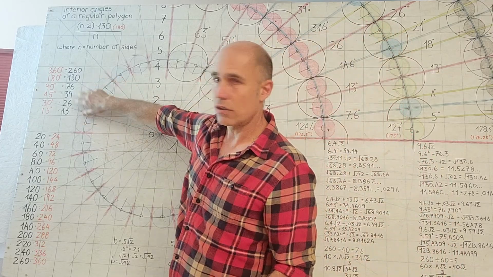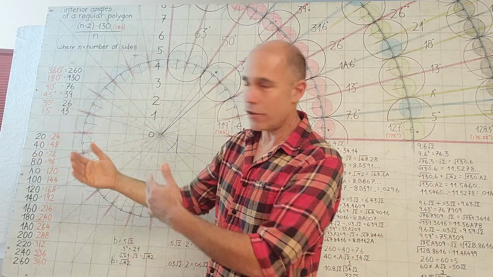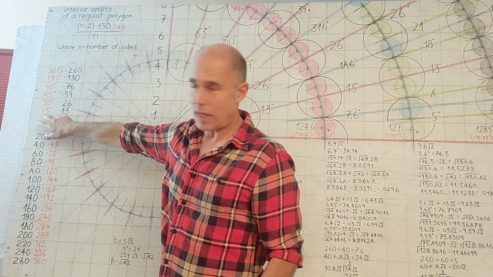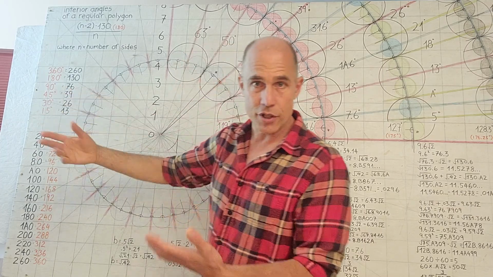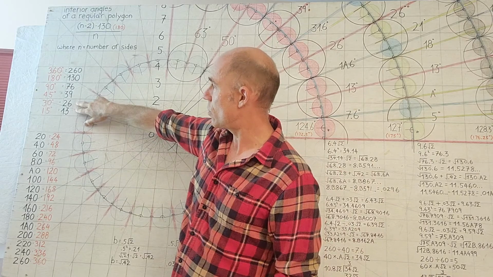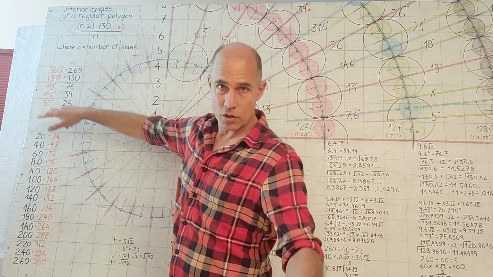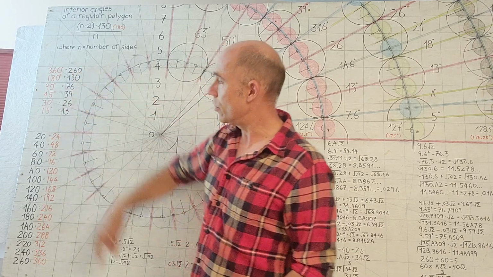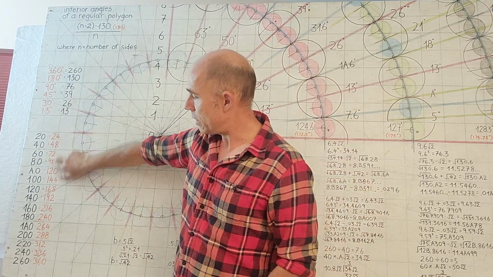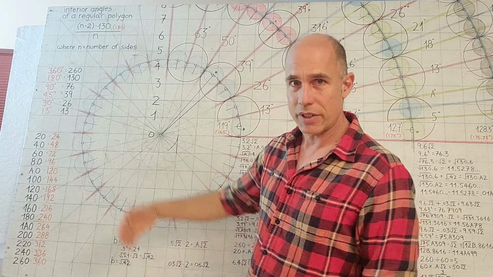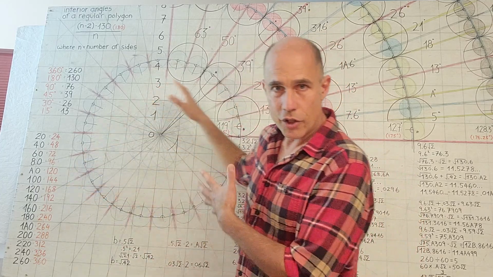So over here, I've done a comparison or a conversion from the base 10 15, 30, 45 degrees into the base 12 of 13, 26, 39. You can see that 360 degrees in base 12 is 260 degrees. And then here is basically a list of the sides of the polygons that are created in each ring.